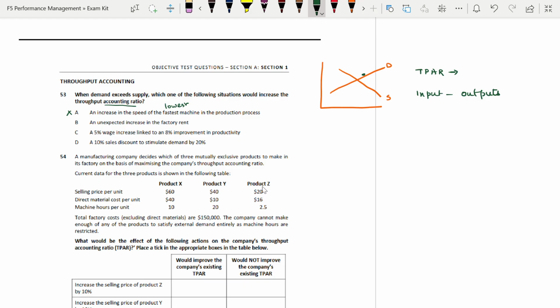That expected increase in the factory rent: if the factory rent is increasing now, what will happen? It impacts the cost.